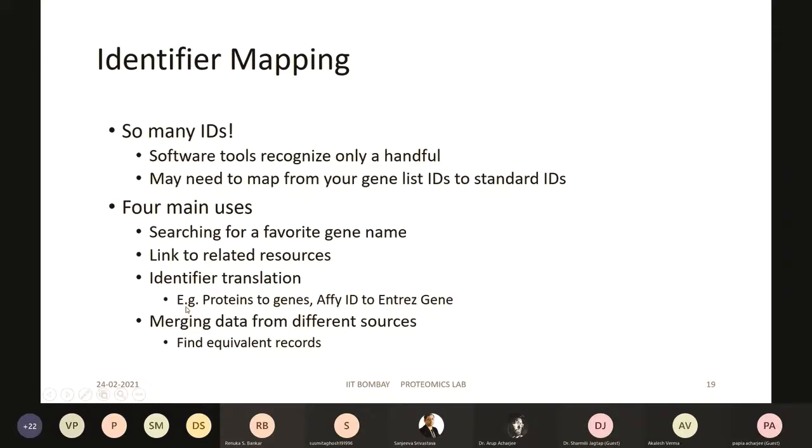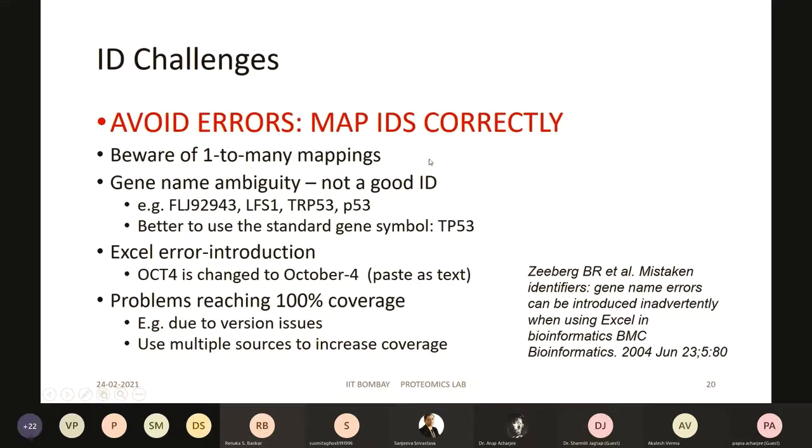Because software can only identify a handful of the IDs. And if you use different IDs, strange problems can crop up. Like if you talk of the P53 gene, all these four names identify the same gene. So let's stick to one particular.